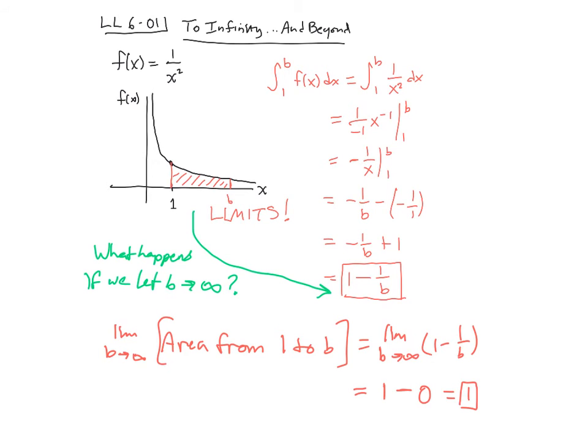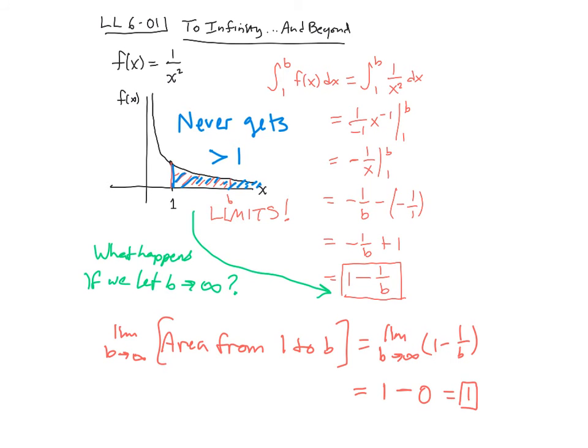So what we can say then is if we sketch out the area under the curve from x equals 1 to infinity, well, no matter how far we let that extend to the right, that area is never going to get bigger than 1. And in fact, it is approaching 1. It gets as close to 1 as we like.